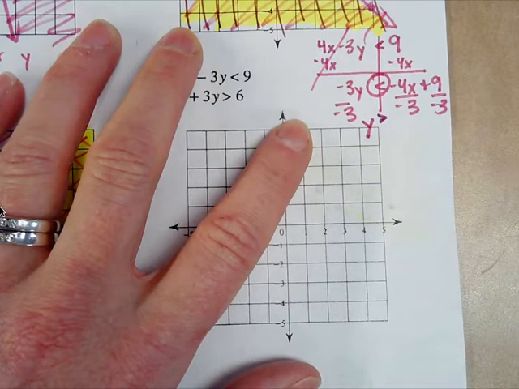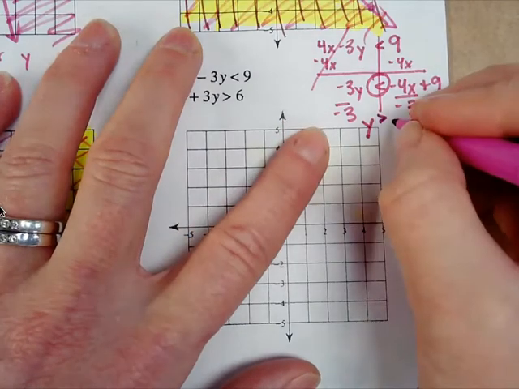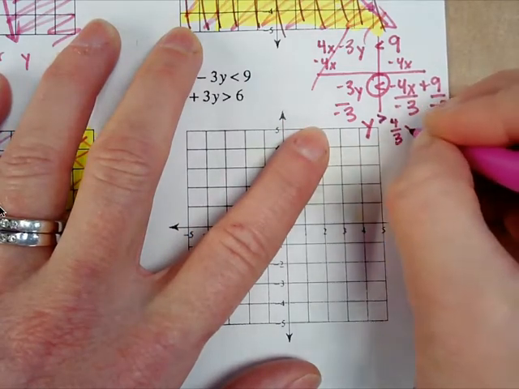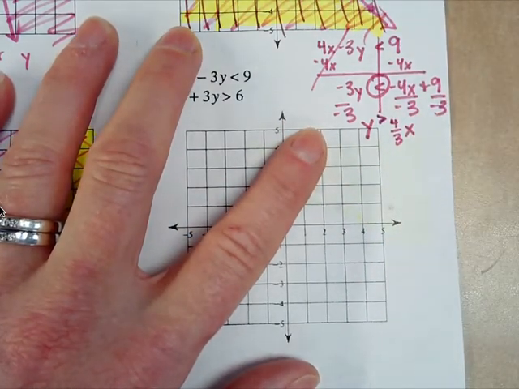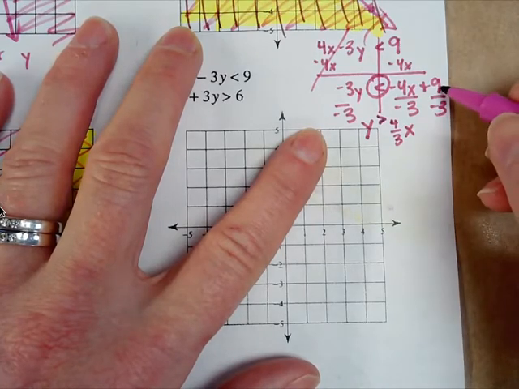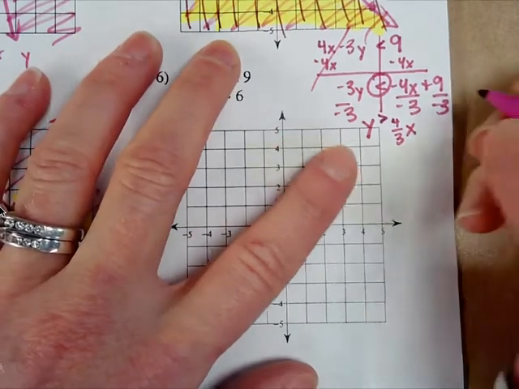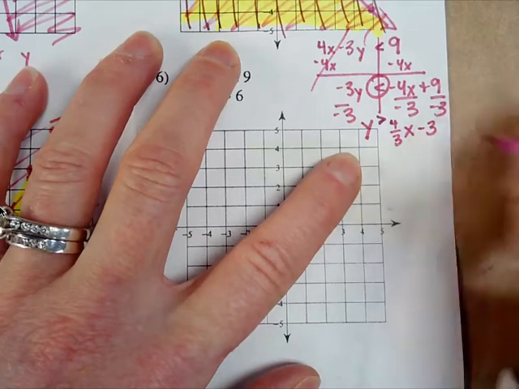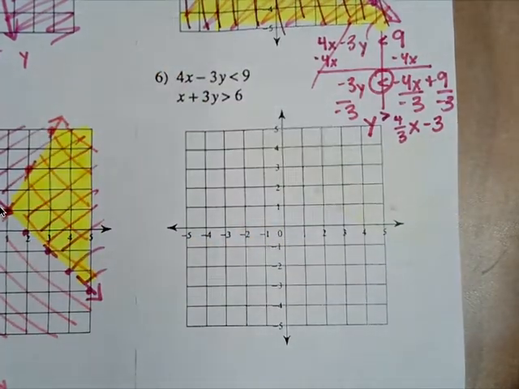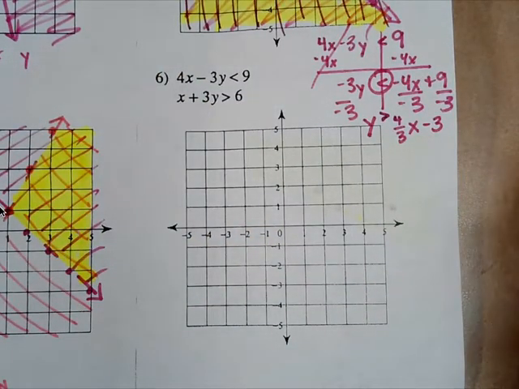I can't reduce that other than negative over negative is positive, so it'll be 4 over 3x. And then 9 over negative 3. 9 divided by negative 3 gives us a negative 3.